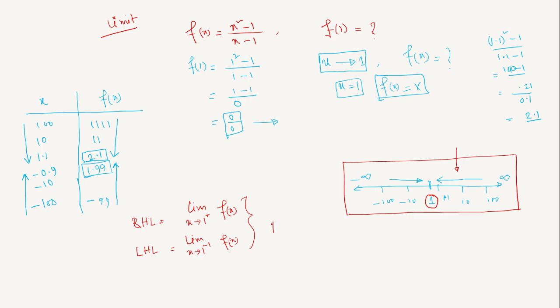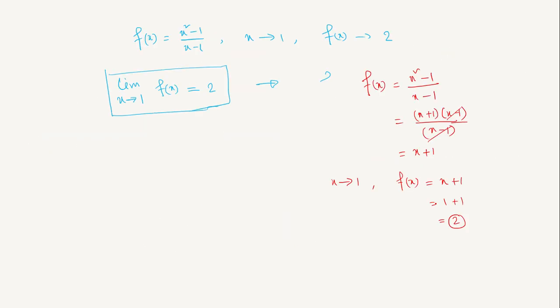And we have the functional value. What does it mean? That means at exactly x equals 1, that is f of 1, we have 2, right? After some calculation, we have f of 1 equals 2.